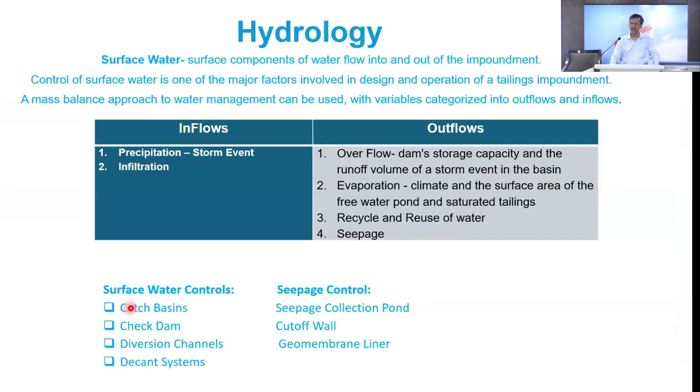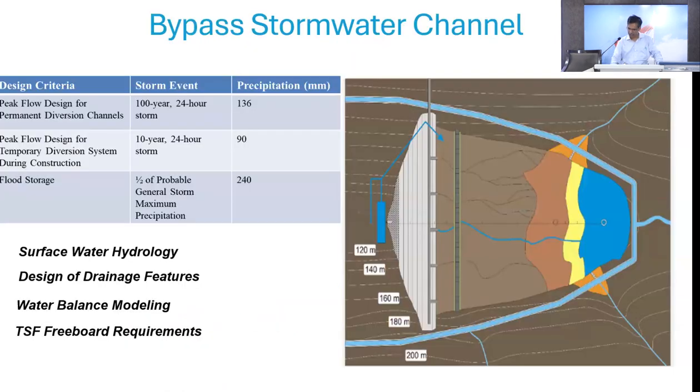So how to do it? I can go with a catch basin. That means I put that water in a water reservoir for my future work. Otherwise, if I have a choice, I can provide a check dam here and make a reservoir, either a reservoir down here or with a check dam.